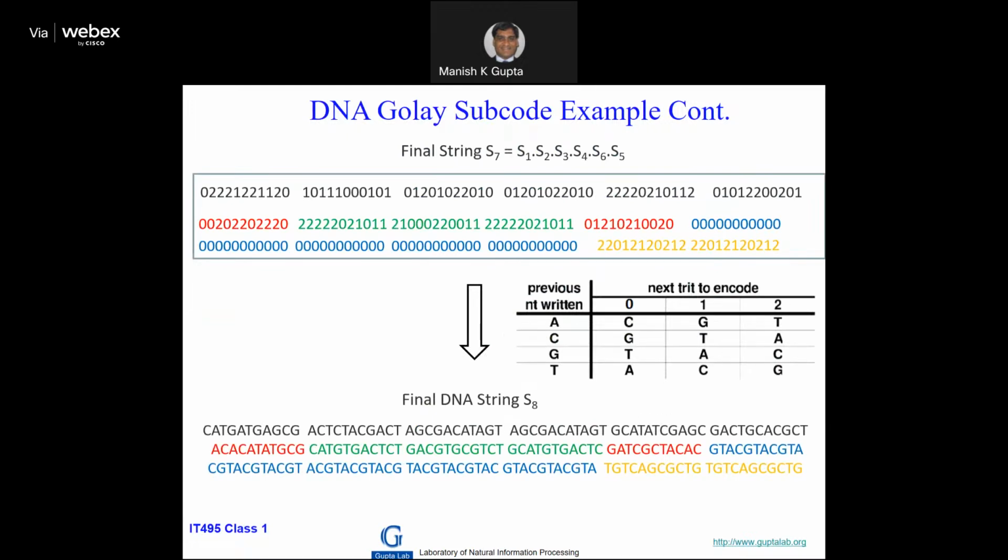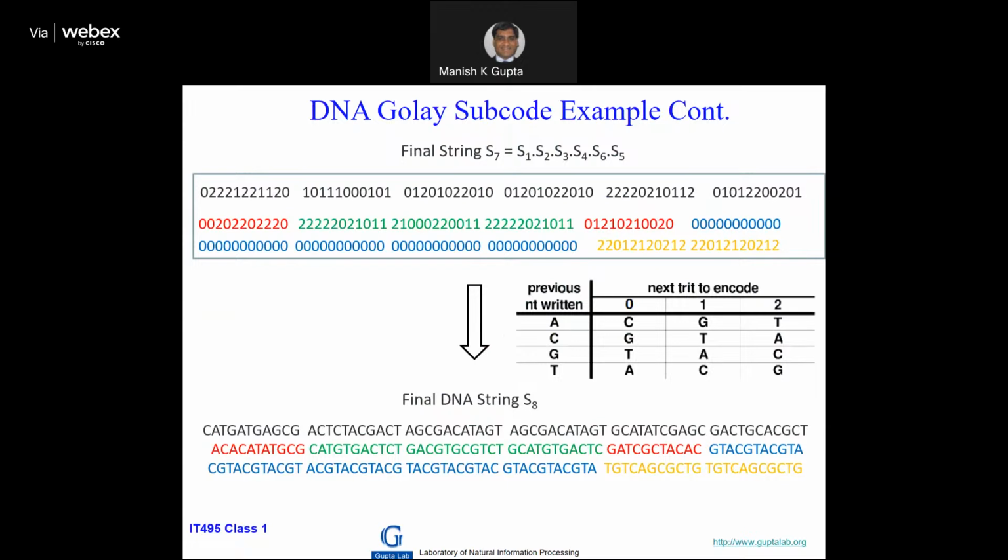We have done a lot of work on this map later on, but this map ensures one thing: whenever you convert any ternary string into ACGT, no nucleotide is repeated anywhere. Like AA, CC, GG, TT will never come because of that map. Let me show you how. Start with 0. You can assume that the previously written nucleotide is anything.